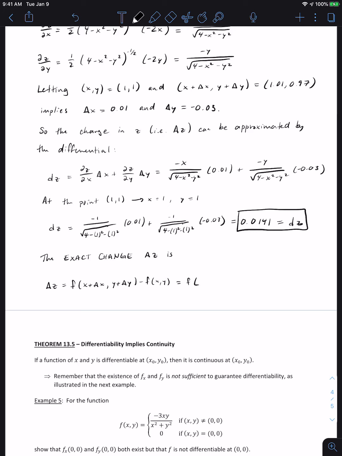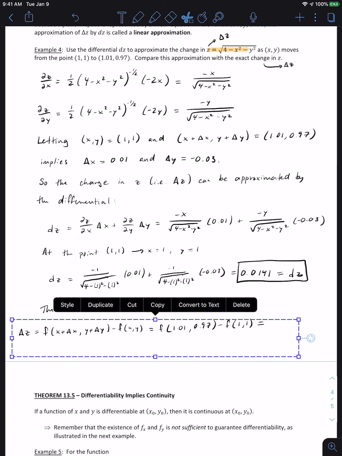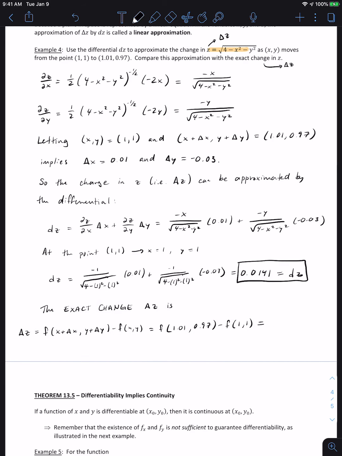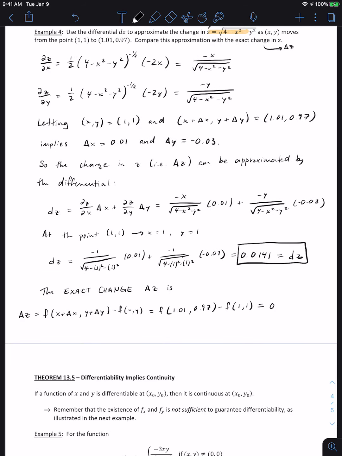But in this case, we get f of (x plus delta x, that's the 1.01, and then the 0.97) minus the f of (1, 1). So if we go to the function, which is in orange there, and I plug in both of those values, I plug in 1.01 and 0.97 into this equation, into my f of x, and I plug in 1 and 1 into there, and I end up getting 0.0137, right?